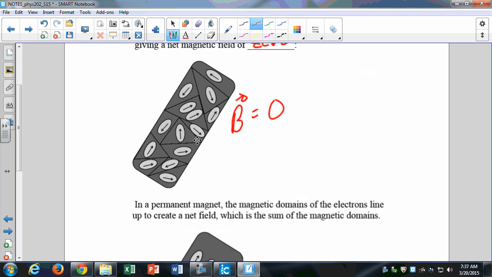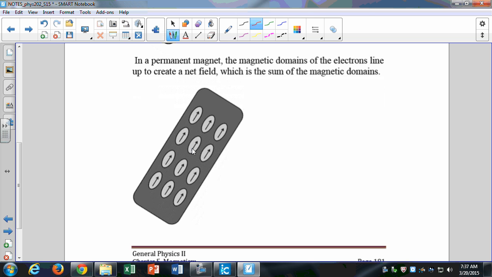But in some materials, like a permanent magnet, the magnetic domains are all lined up, and this gives us a net magnetic field that's greater than 0, in the direction in which they're all aligned.